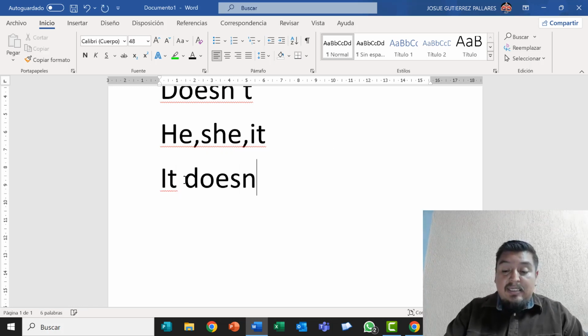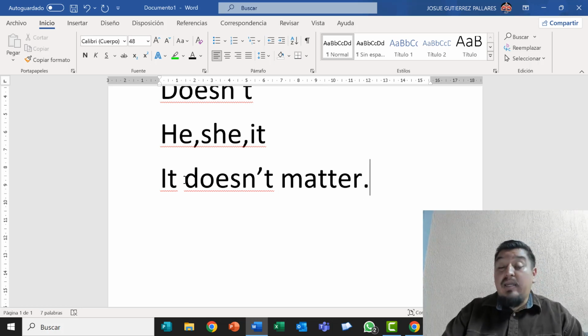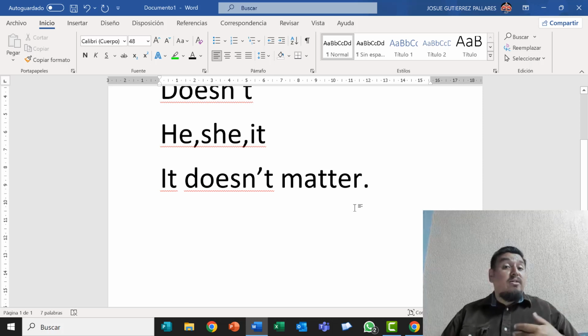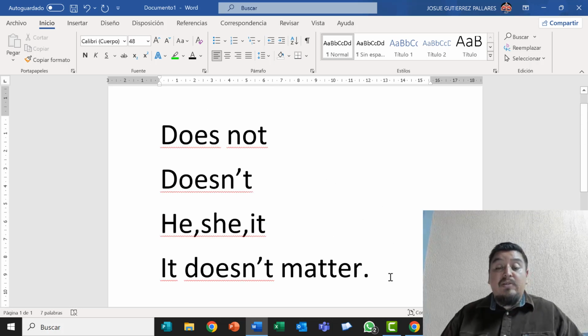It doesn't matter. Esto no importa. Matter. Importar. Tener importancia. Okay? It's very simple, right? So you are going to use don't: I don't, you don't, we don't, they don't. But he doesn't, she doesn't, it doesn't. Very, very simple, right?